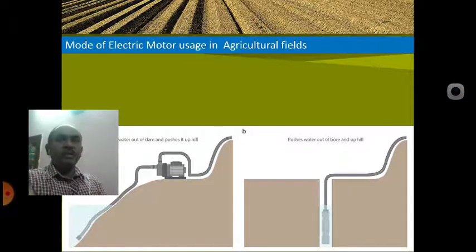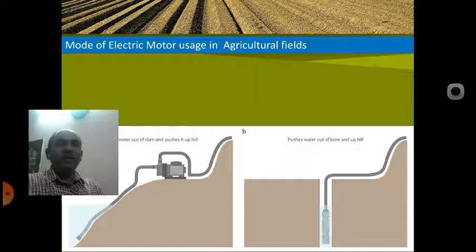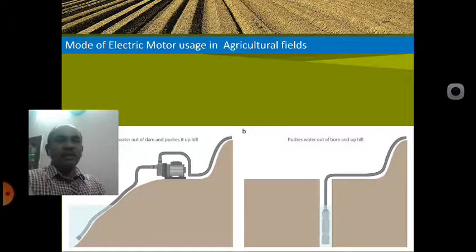One motor you can see here, in the first figure, is placed outside of the water and it creates suction inside, takes the water and pushes the water towards the higher side. This is the open well motor. Whereas sometimes we can use the submersible motor, where the motor itself is placed in the water.